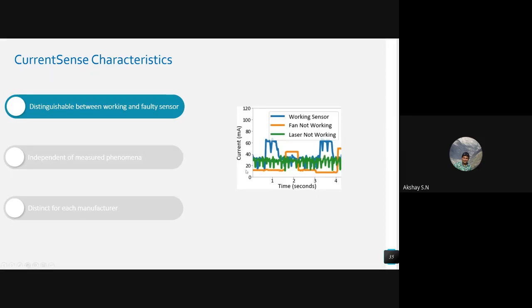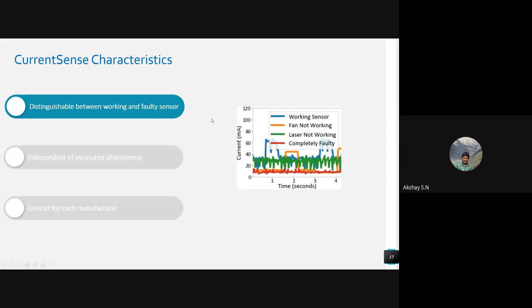And then let's say both LED and fan have become faulty. In such a scenario, you would see a red line, which simply says there is very low current consumption by the device. The key summary is that by just measuring current, you can now detect whether it's working, a fan fault, a laser fault, or completely faulty.